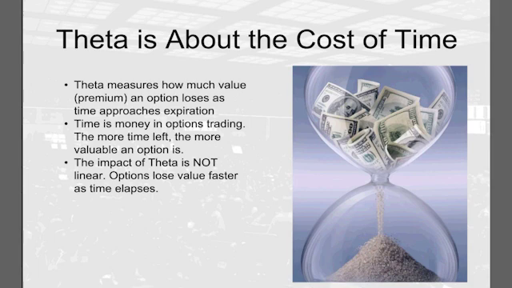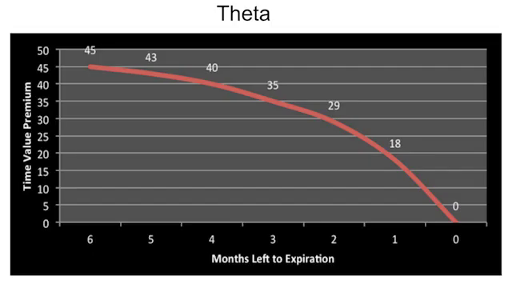However, the time value does not decrease linearly. As the option gets closer to its expiration date, it loses time value more quickly. All right, so that option decay is going to be exponential, with the most decay occurring the closer you get to expiration. This graph shows you that, right?